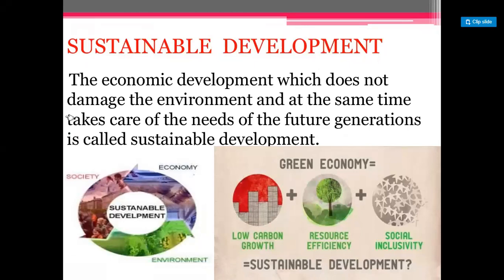So in 1992, at Rio de Janeiro, the first Earth Summit was held, and they adopted Agenda 21 for sustainable development for the future.